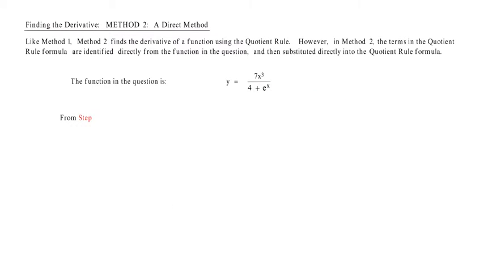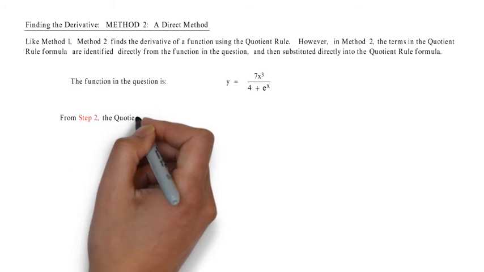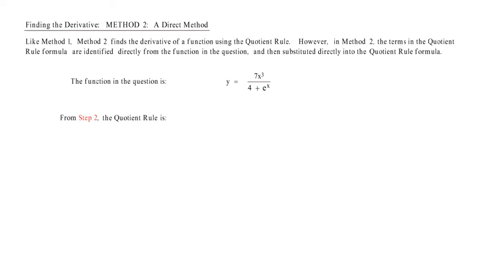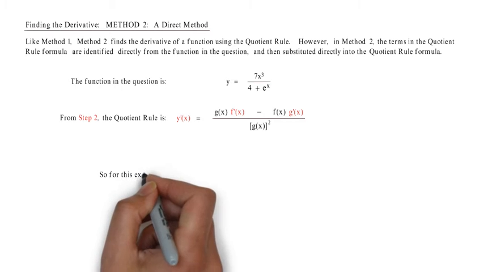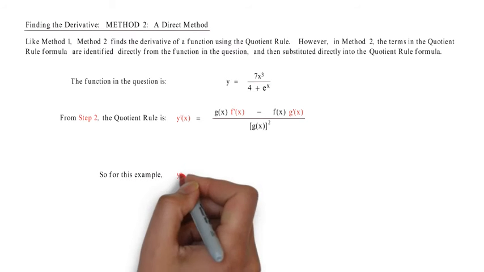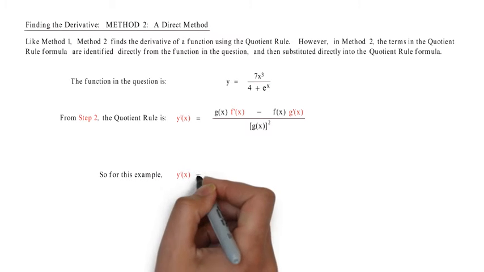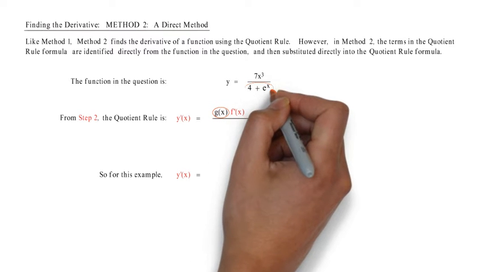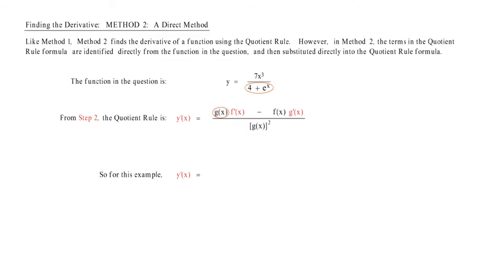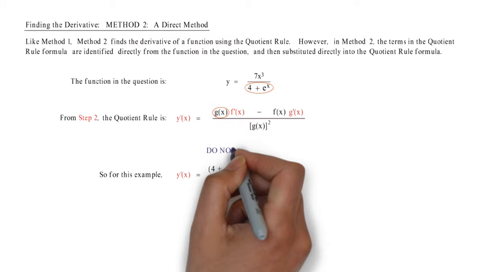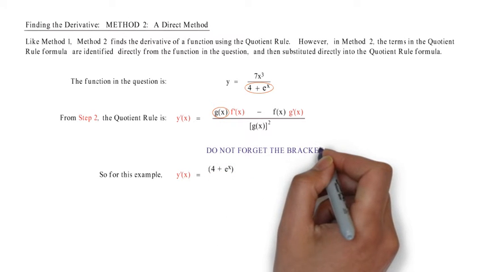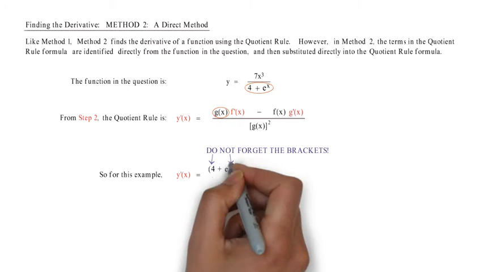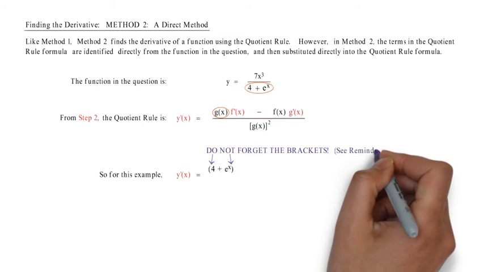From step 2, the quotient rule is. So for this example, y'(x) equals g(x), which is 4 plus e to the x. Do not forget the brackets. See Reminder 2.